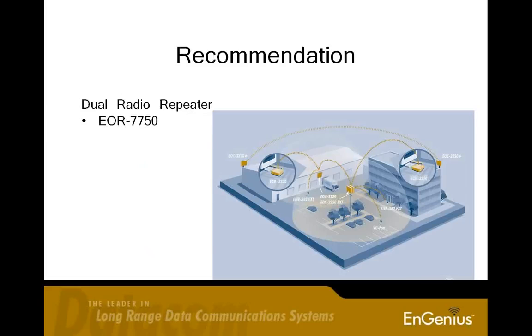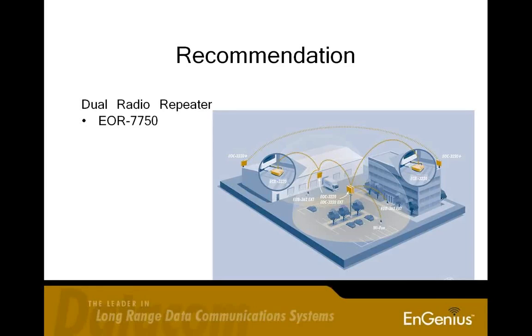This is an older diagram of how we used to recommend two models in that middle dome. You used to need two separate devices, one had to act as a client bridge and one connected via Ethernet to an AP to broadcast out the signal.